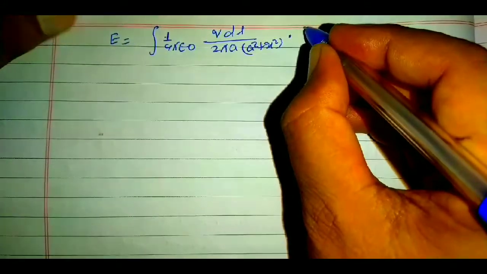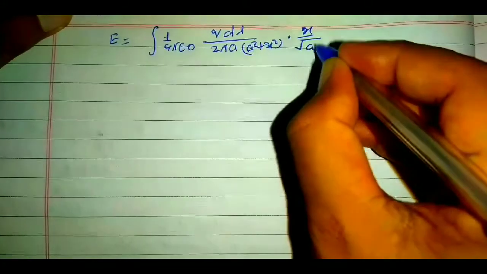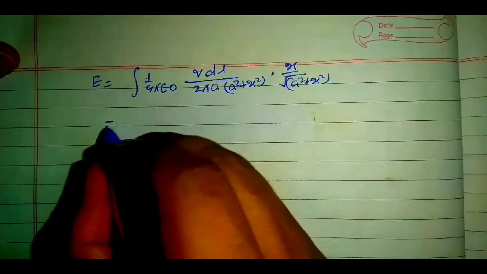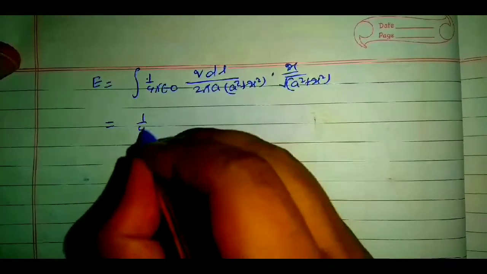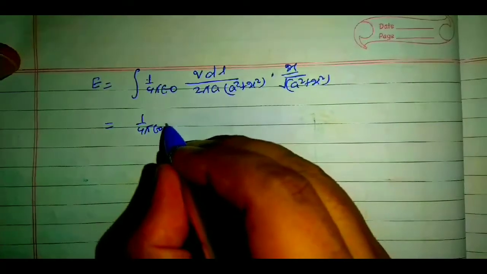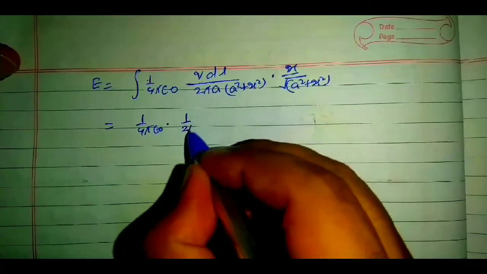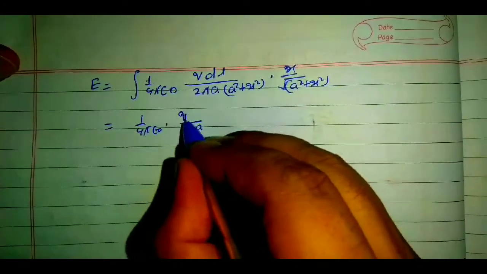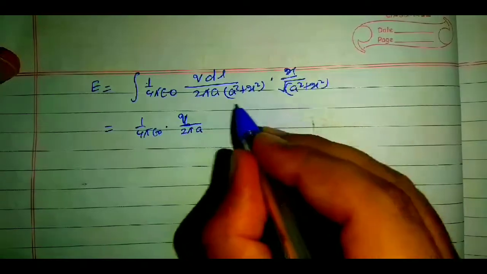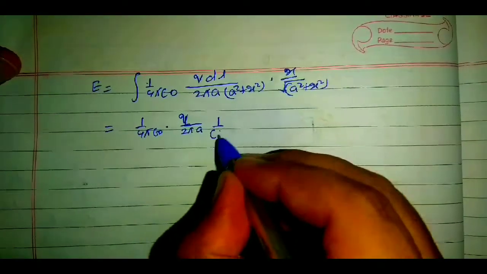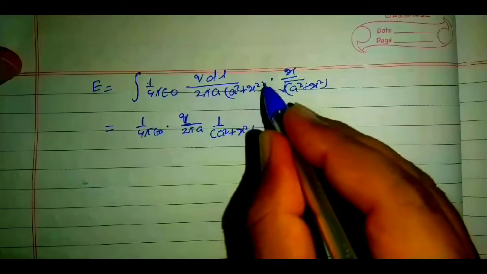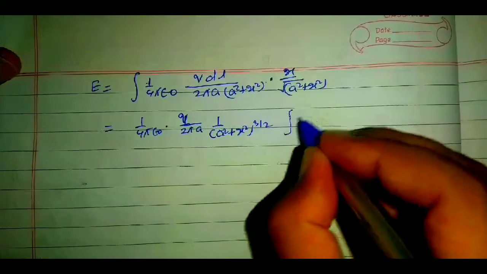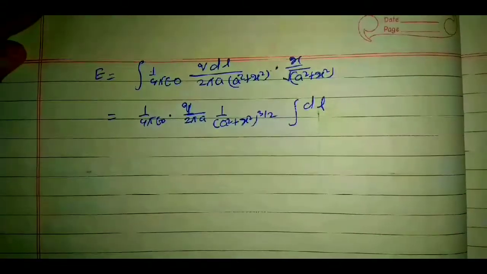Cos theta is x by under root a square plus x square. See carefully everybody please. 1 upon 4 pi epsilon 0, q upon 2 pi a, then it is 1 upon a square plus x square, here is power 1, here is power 1 by 2. It becomes 3 by 2, integral dl.